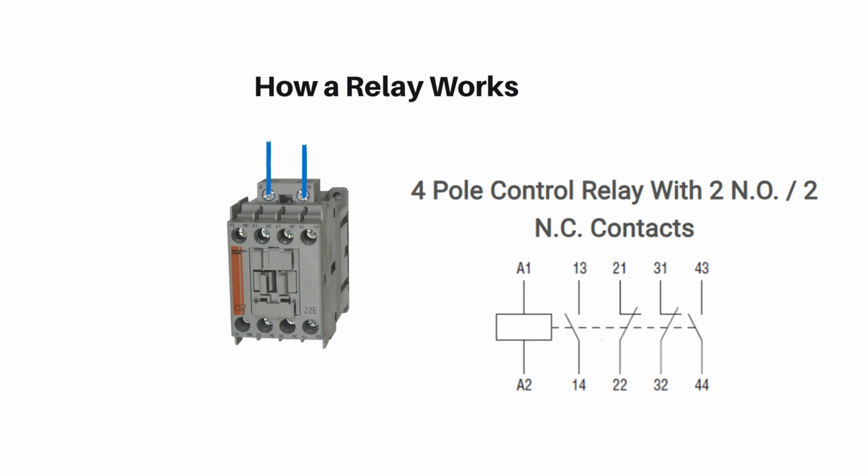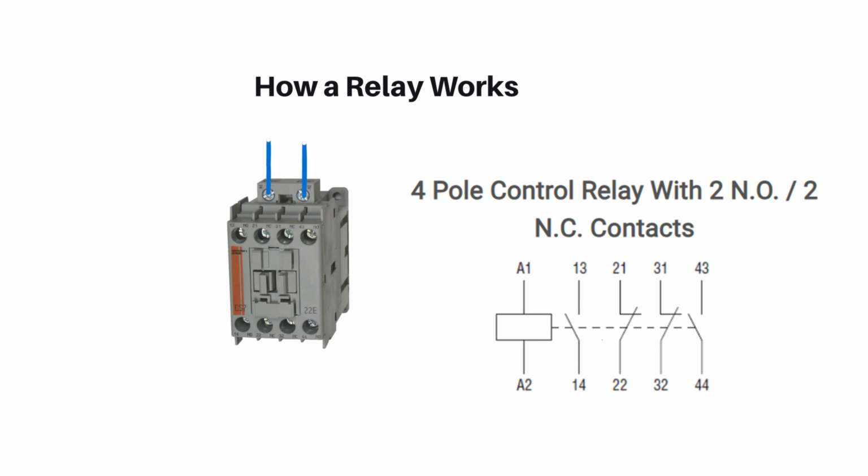Right, so let's take a look at the relay that is showing on the screen. This one is a 4-pole control relay with 2 normally open and 2 normally closed contacts. You can see the coil with A1 and A2 as the input and the output.